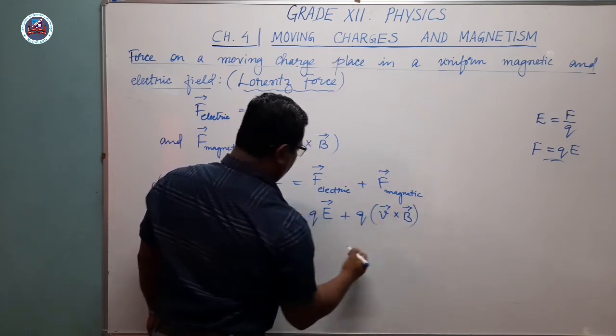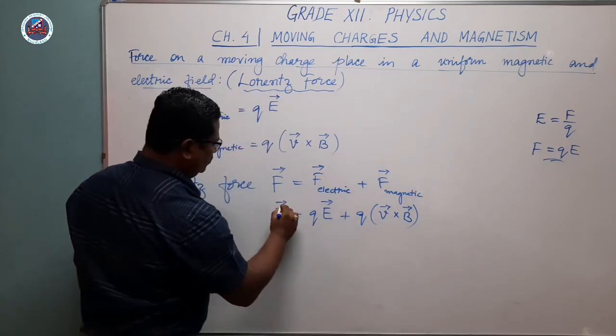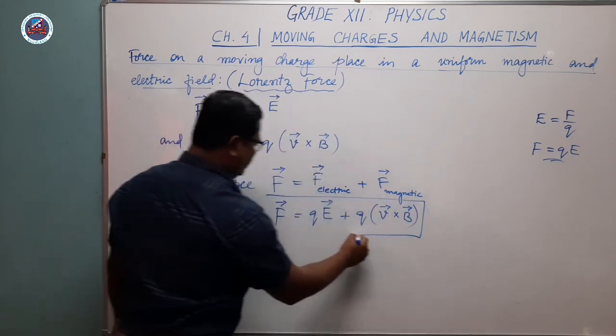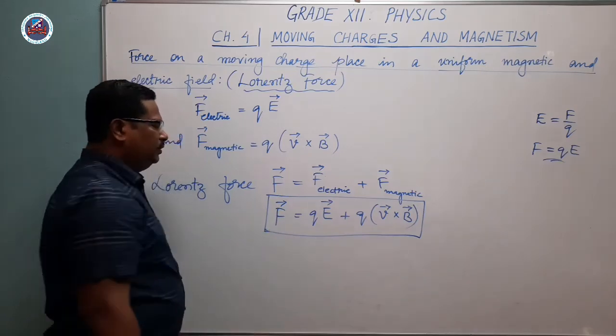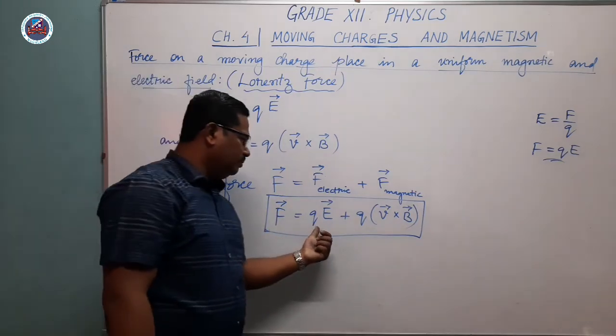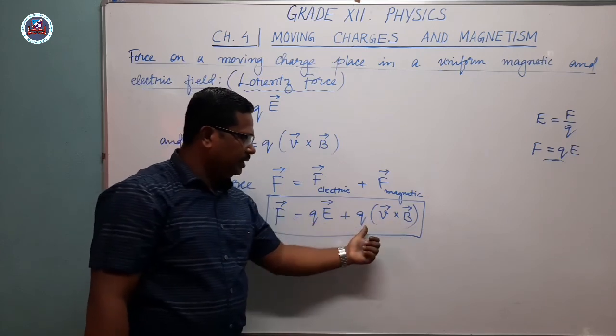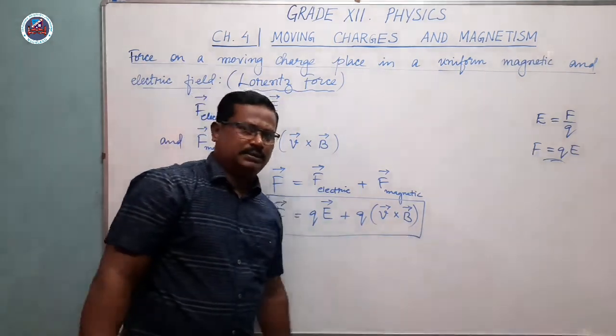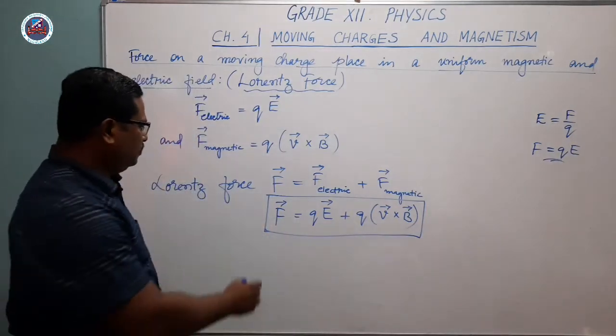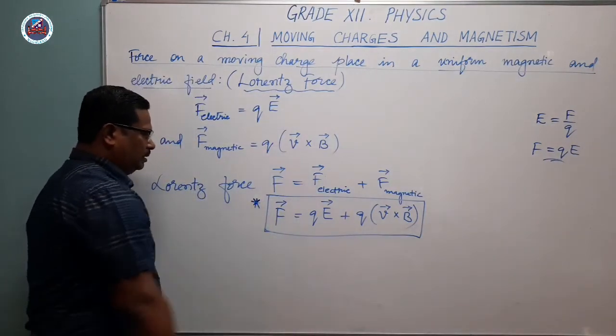Directly it is written in vector form. If you write in scalar, for QE there will be no change, but here the cross product is there, so it will be QVB sin theta that will come. Then this force we call it as Lorentz force.